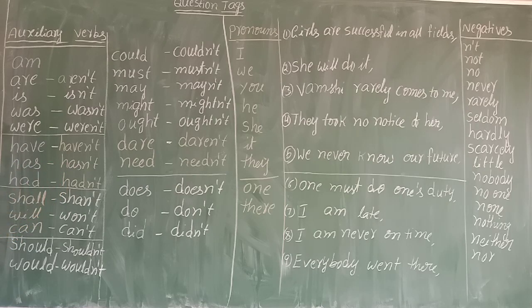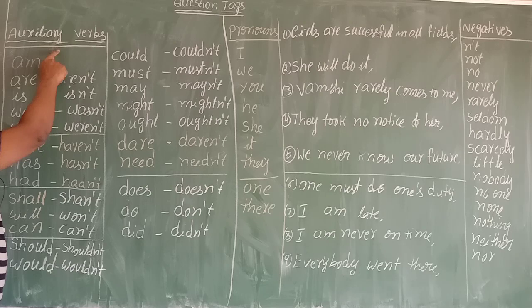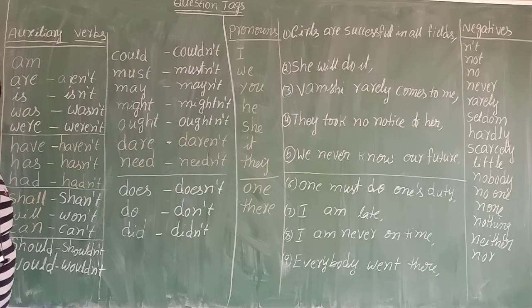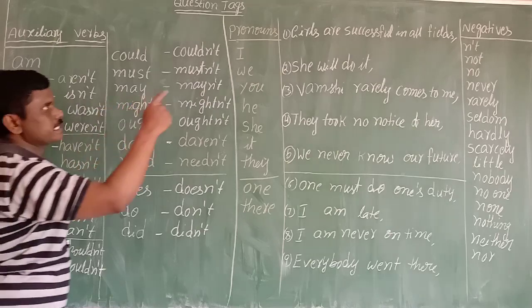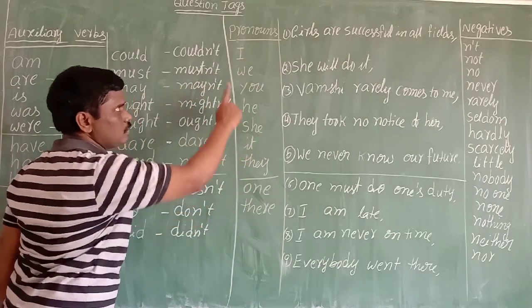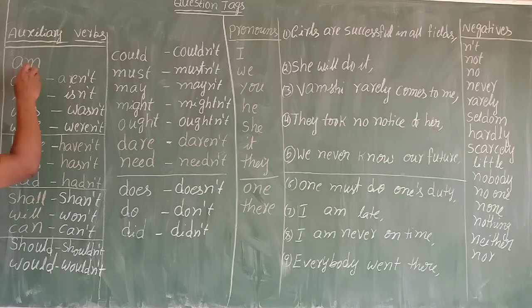Because a question tag always begins with a helping verb or auxiliary verb. A question tag has only two words. One is a helping verb with or without contraction, and the second is a pronoun, only pronouns. So here I wrote am. Why? Am, very important.